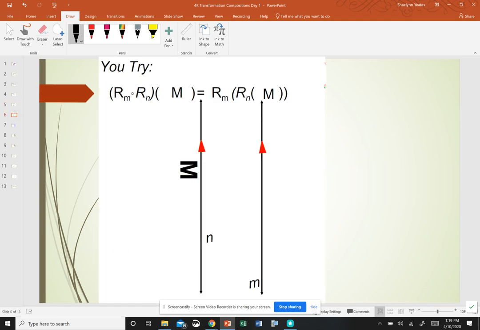All right. If you haven't tried one on your own, try this one. You don't have to have perfect things. All right. So I'm going to try this one. So we've got M, and it's only that far away. So we need to stay that far away. Obviously, my M is perfect. There's my M, and I flipped it over line N because it said to reflect over line N first.